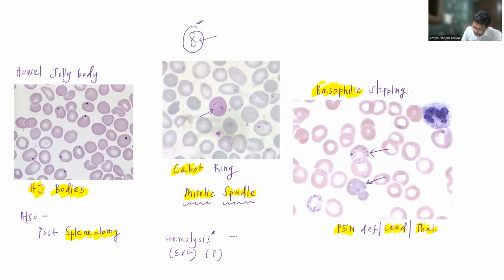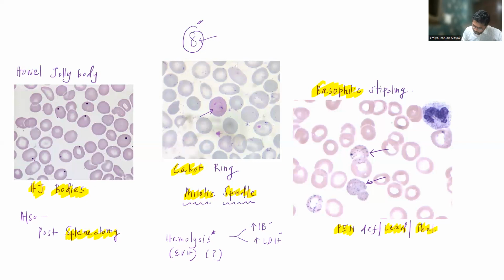That is why many times you will find features of hemolysis like increase in indirect bilirubin and increase in LDH. These are the findings which you usually get in patients who are having extravascular hemolysis. So in patients with B12 deficiency also, sometimes you find increased indirect bilirubin and LDH. Not significantly elevated, but mild to moderately elevated.